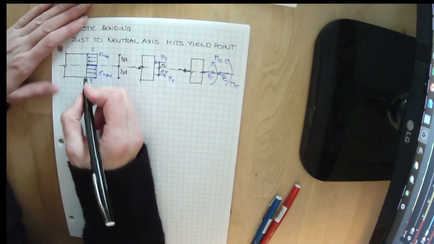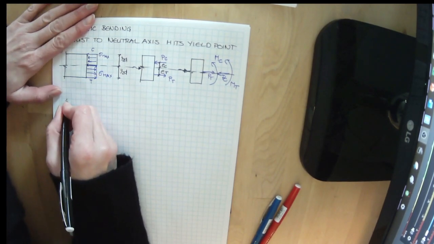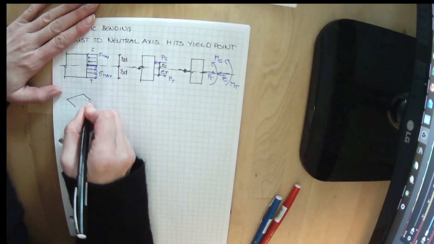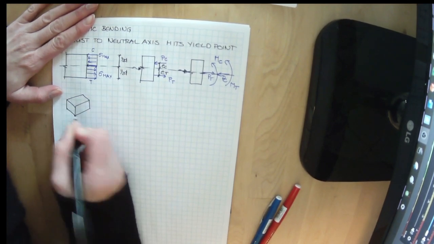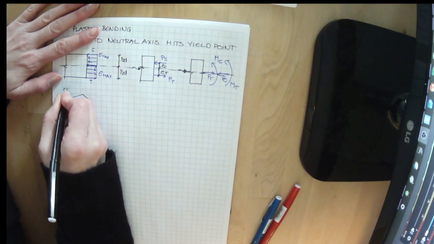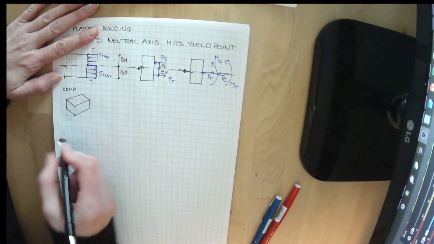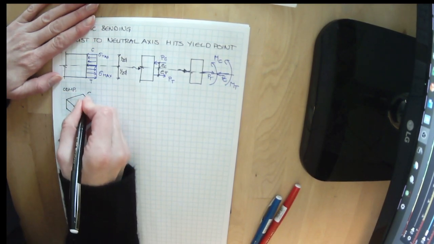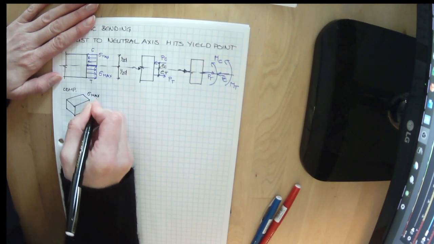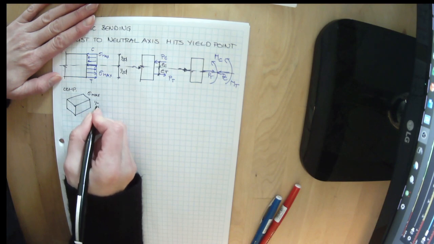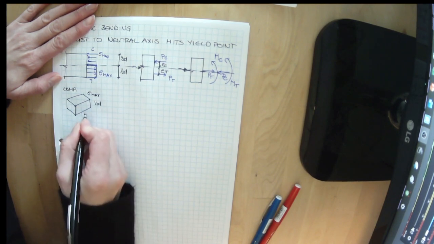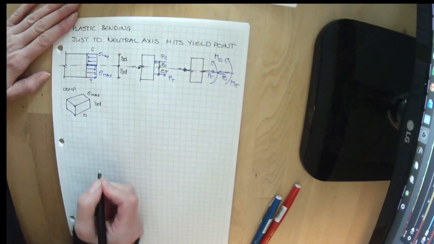Let's take a look at this stress profile drawn as a very poorly drawn 3D figure. So let's take the compression one. We know that this is the max stress. That dimension is the max stress.